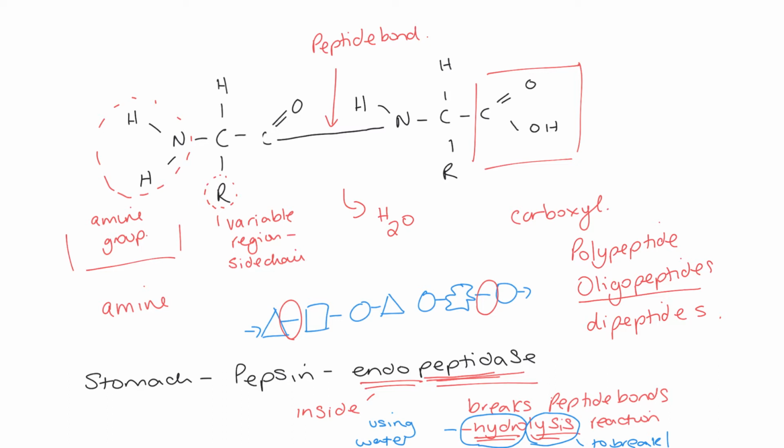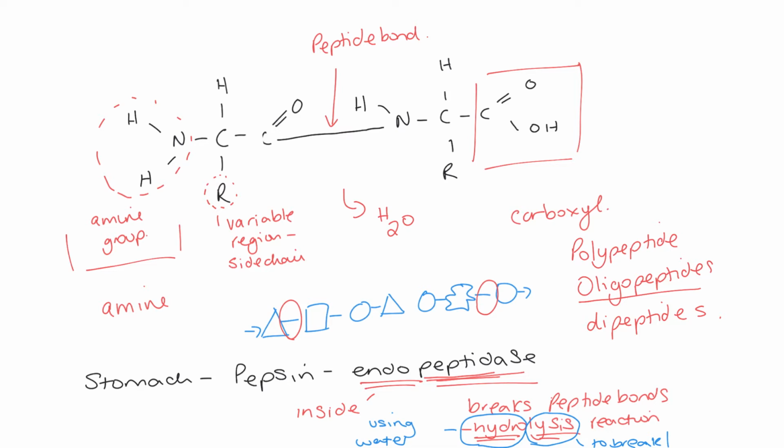So what they actually do is they produce an inactive precursor called pepsinogen. Pepsinogen is essentially pepsin, but where the active site is covered up. So when pepsinogen is released into the stomach, hydrochloric acid interacts with pepsinogen and converts it into pepsin. So pepsinogen needs to be activated to become pepsin.